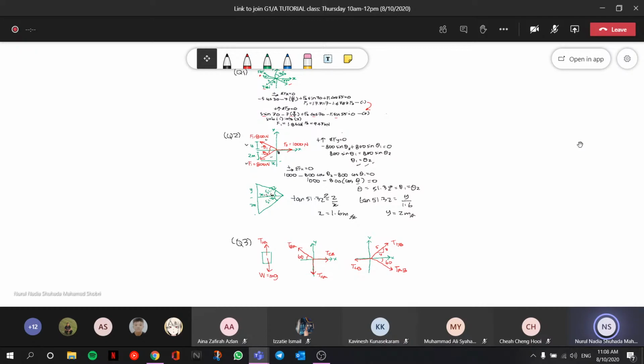Okay, so this is how it should look. Now to find the forces, we have to break them into components in the x direction and also in the y direction. Since we have three separate free body diagrams, we have to solve the forces individually.